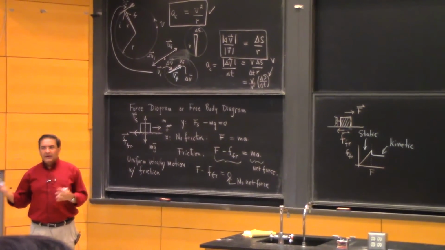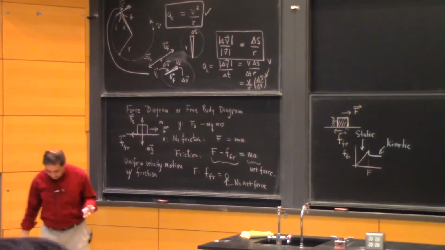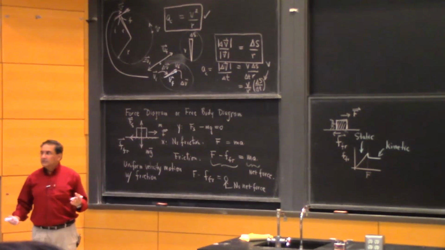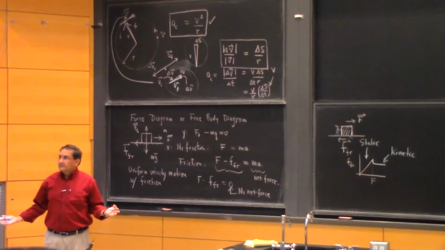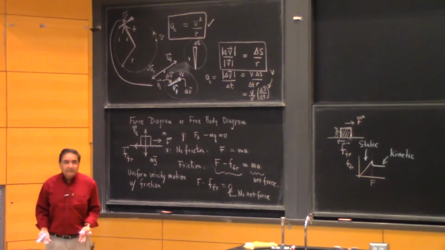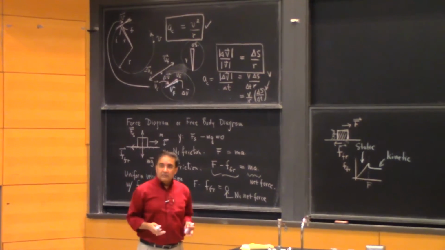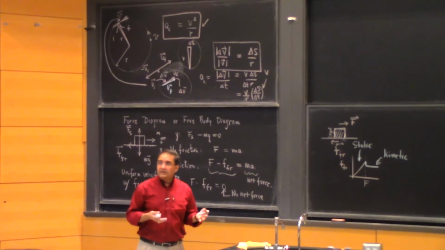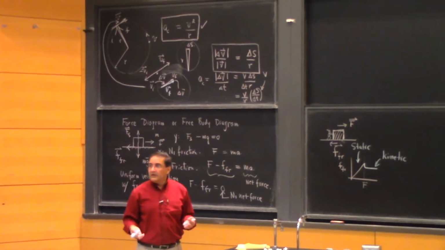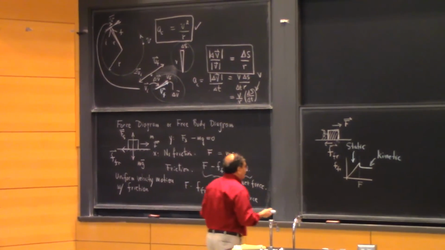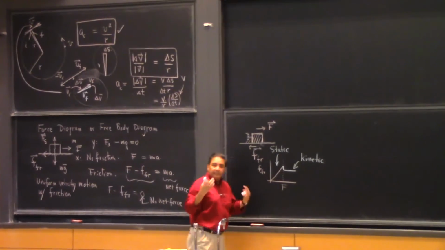While friction is helpful, just because my shoes have a rubber sole, I'm not falling here. So it's helpful, but friction also is a reason why we have to expend a lot more energy to overcome it than otherwise. So friction is a double-edged sword. More often than not, we are paying for friction.